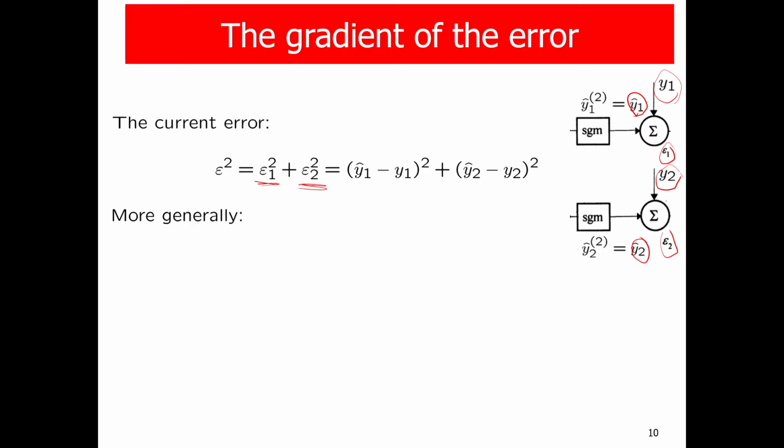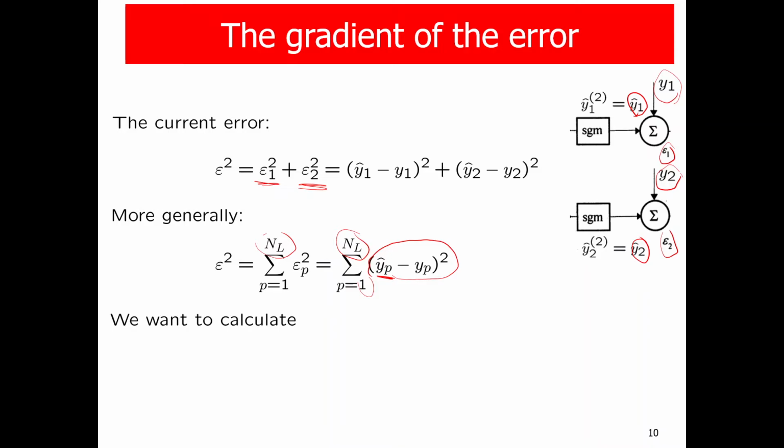More generally, we can have NL neurons on the last layer. The outputs of the neurons in this last layer are denoted by y-hat1, y-hat2, y-hat-p, and so on, y-hat NL. We will need to minimize the sum of y-hat-p minus y-p squared, where p is running from 1 to NL.